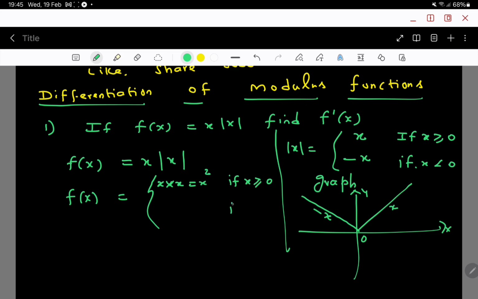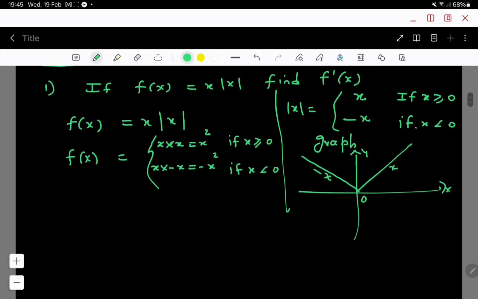If x is less than 0, mod of x is minus x, so x into minus x equal to minus x square.